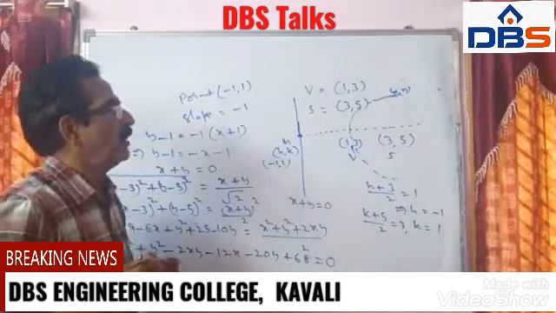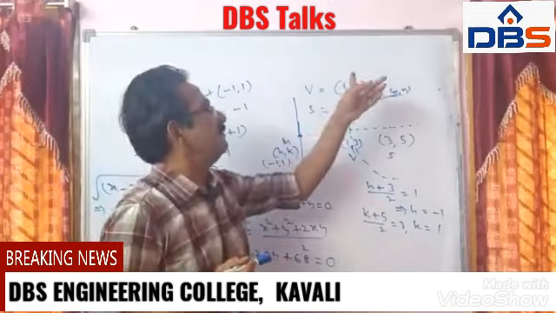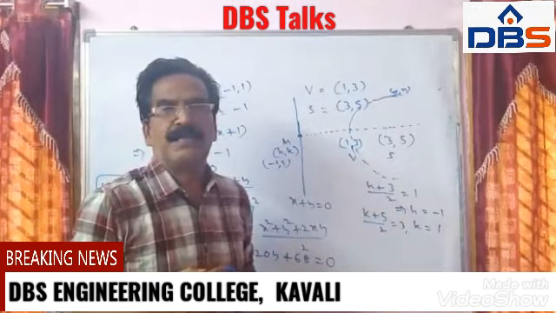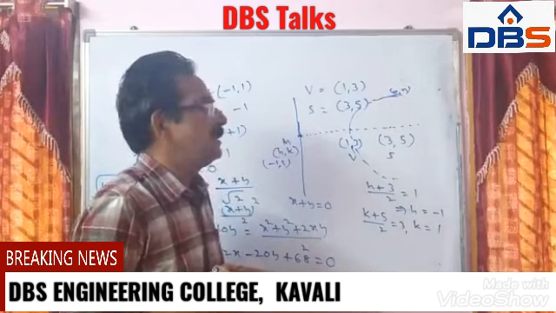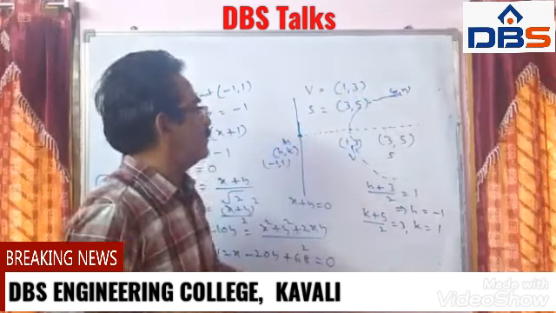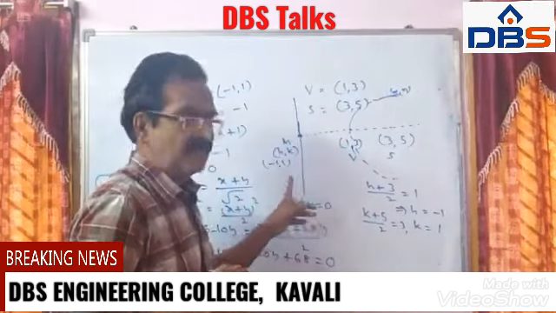So when the vertex and focus are given like this, because here the x coordinates are not equal and y coordinates are not equal, you have to find the equation of the directrix.